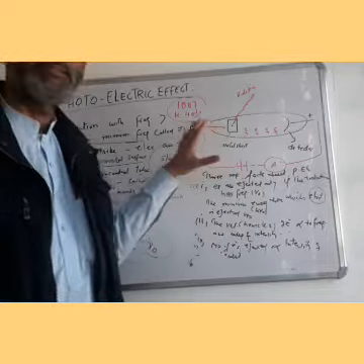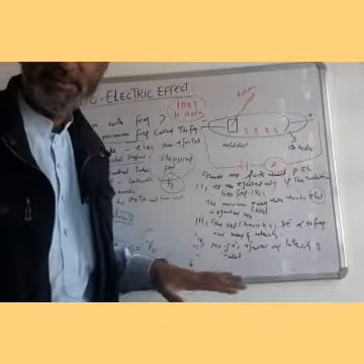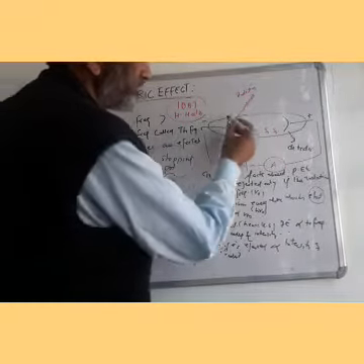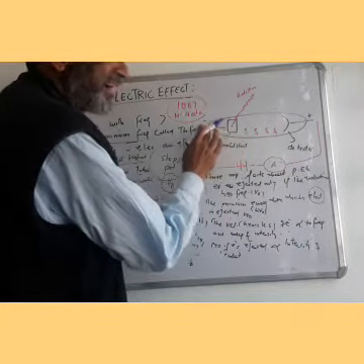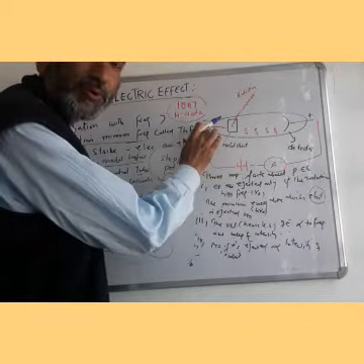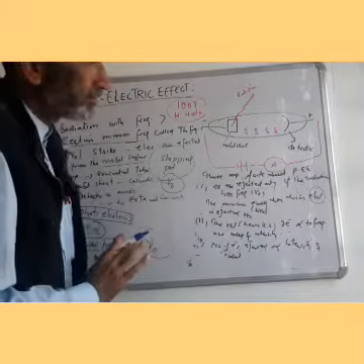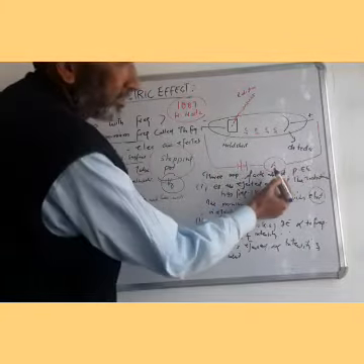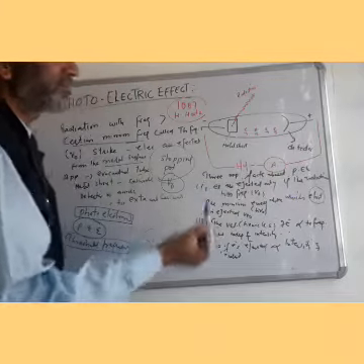The apparatus used to study the photoelectric effect consists of an evacuated tube fitted with a metal sheet which acts as the cathode and a detector which acts as the anode. These two are connected to the external circuit through an ammeter.